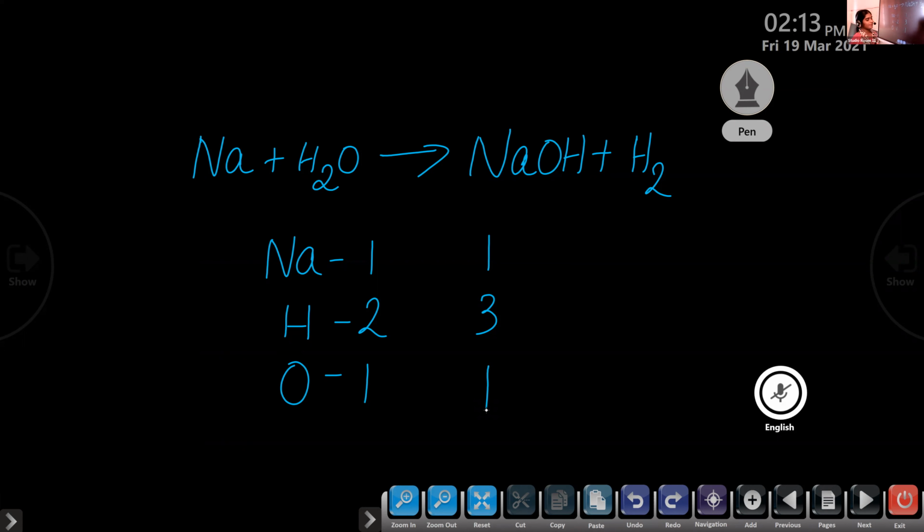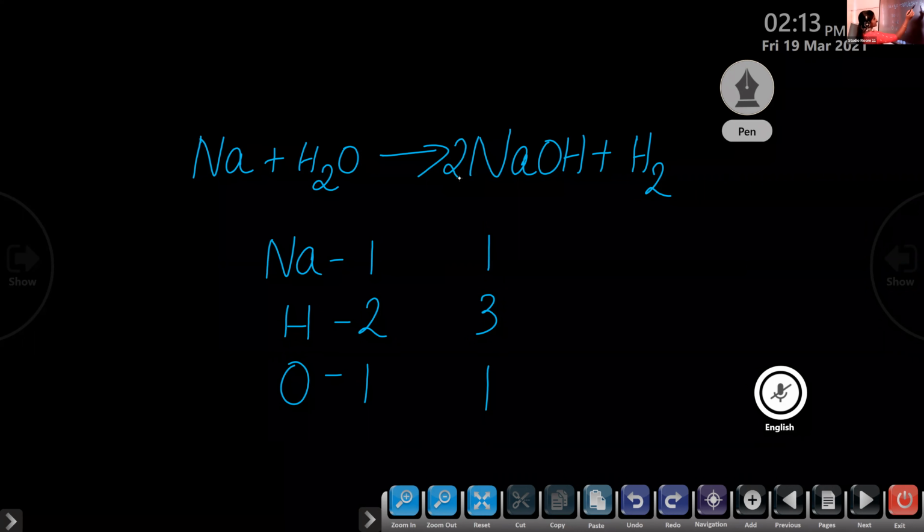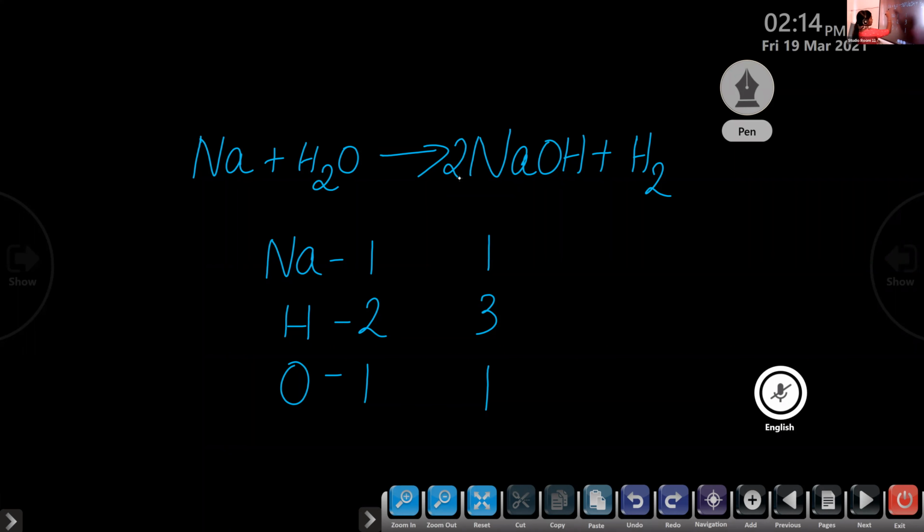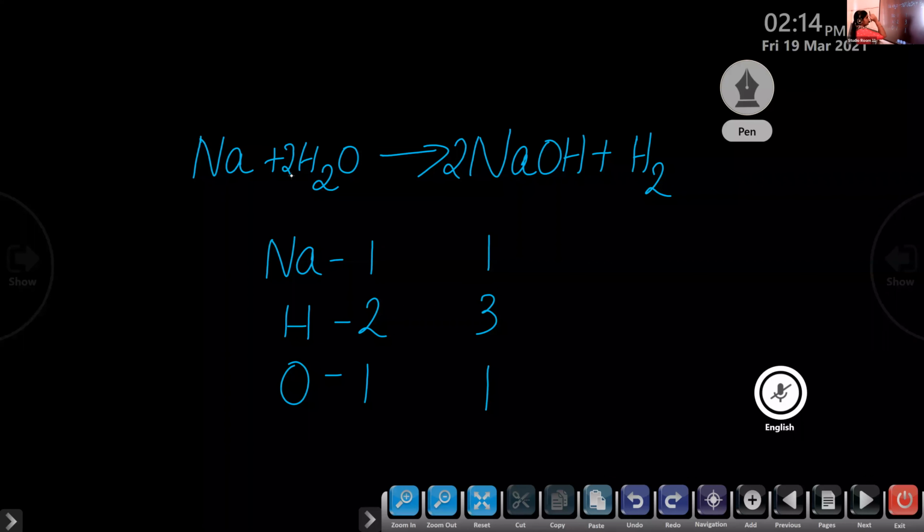So how can we balance this equation? In the left hand side, 2 hydrogen atoms, and in the right hand side, 3 hydrogen atoms. We can add the coefficient 2 here. Now the number of hydrogen atoms in the right hand side is 4 and the left hand side is 2. Then we can add 2 here.